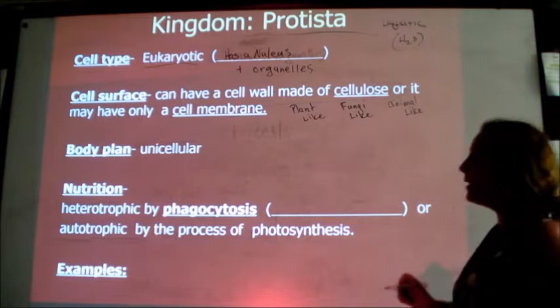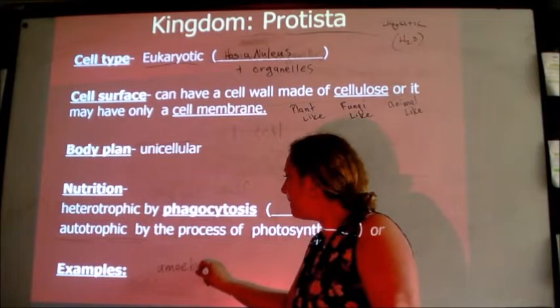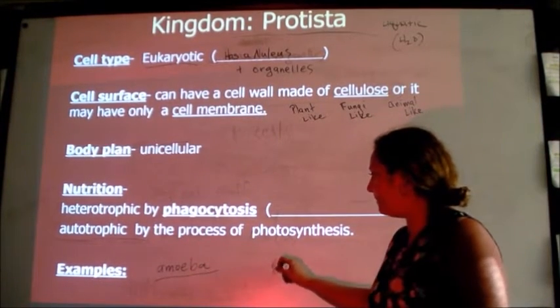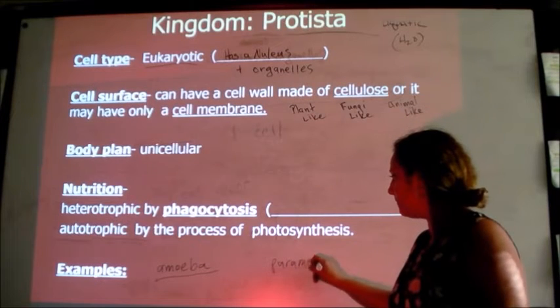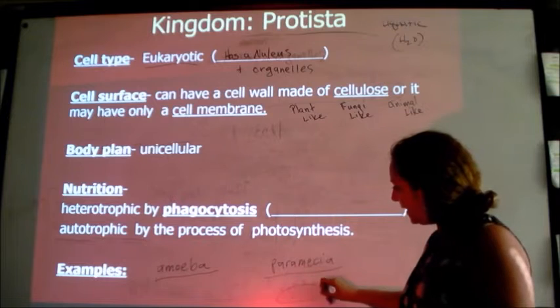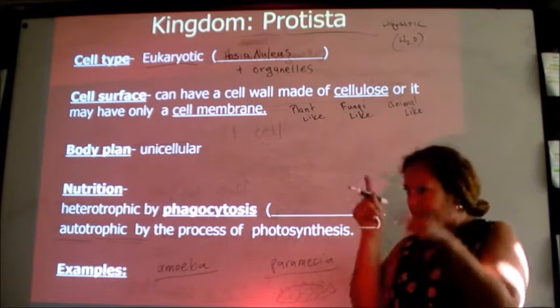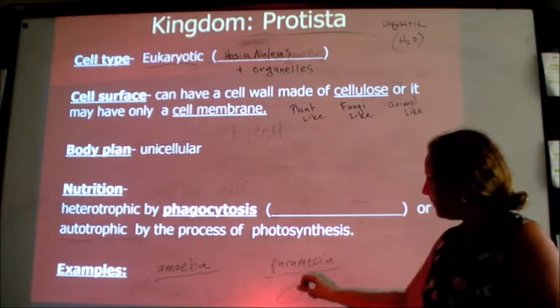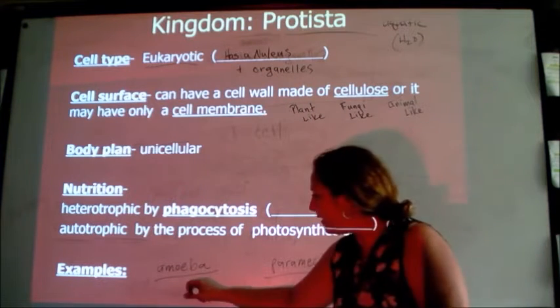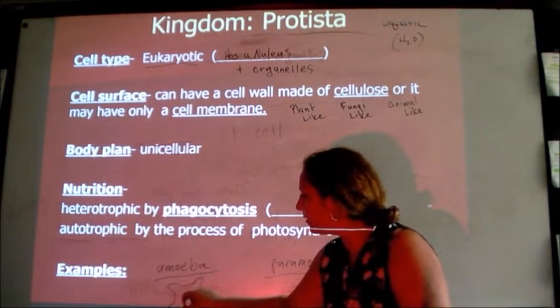The two that we really looked at were the amoeba and the paramecium. And if you remember, the paramecium was the little guy with the tiny little hairs all over him, and we saw him just darting, just zipping around under the microscopes. And then the amoeba was this blobby looking one with the nucleus.